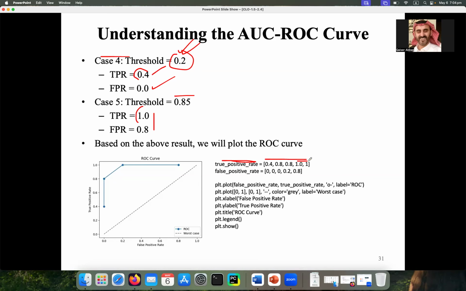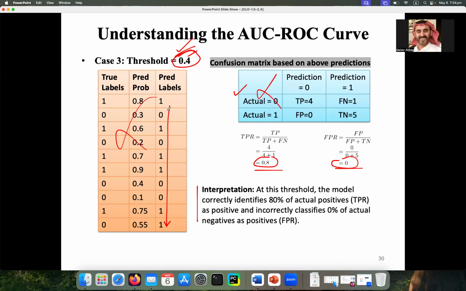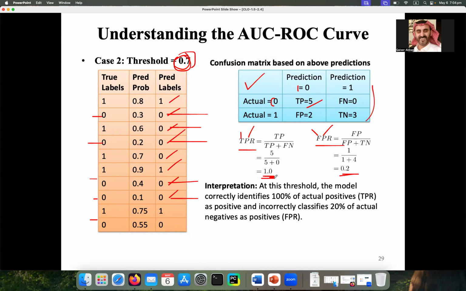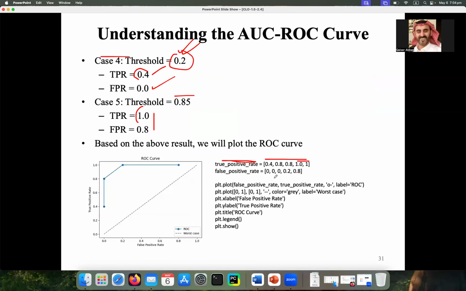So all the values that you got here: 0.8 2 times, and 1.0 2 times. The order is changed, but the values are the same. You can write in any order.